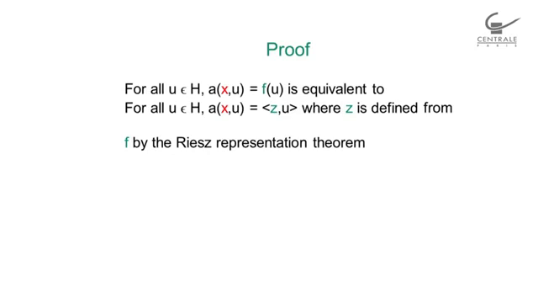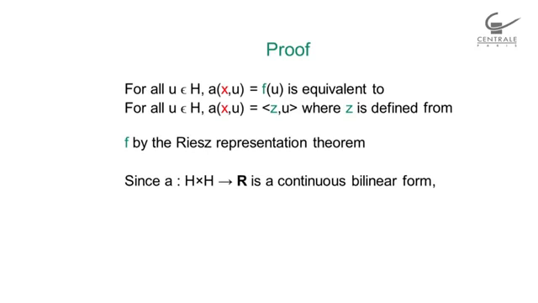We can identify H star, the dual space, and H. So when I choose a function from H to R, an element of H star, then you can really identify it to an element in H. So what I'm saying is that from f, I define z from the Riesz representation theorem.